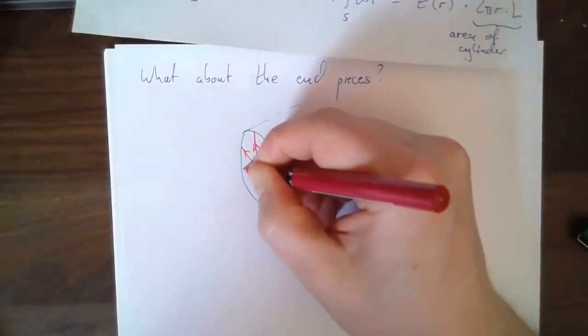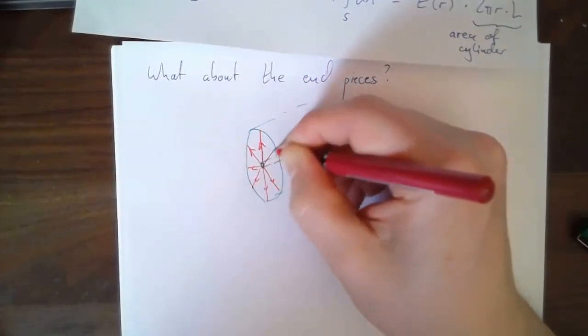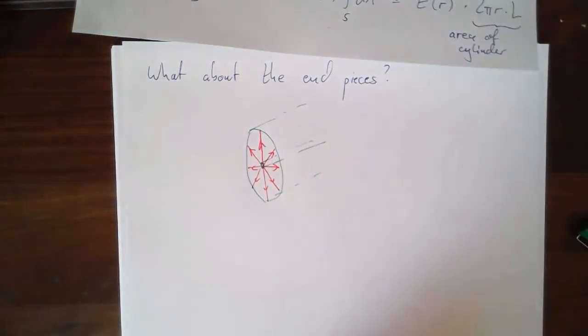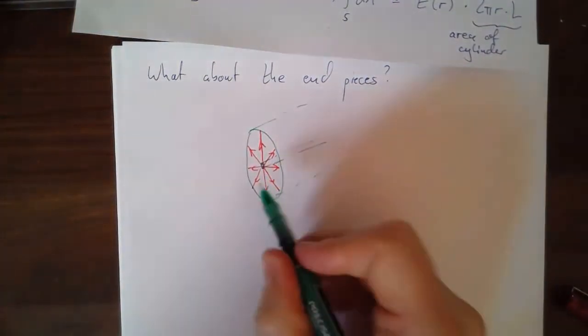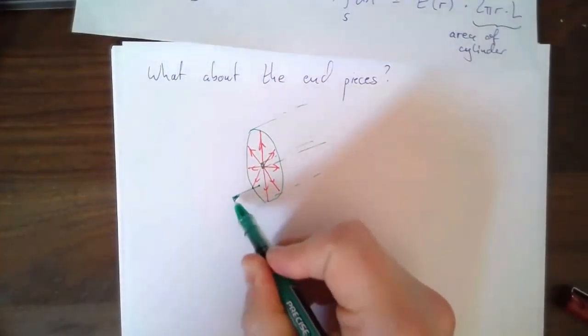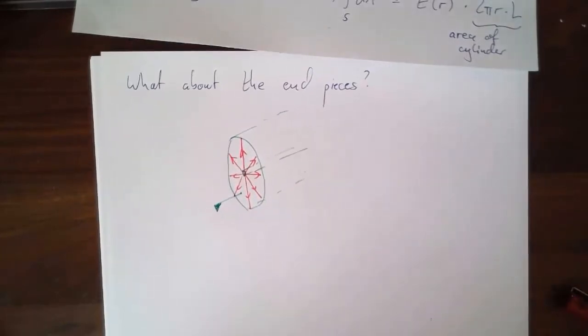Okay, this is hard to draw in 3D. But the flag, say at this point here, sticks out like this, perpendicular to the surface, while the field lines are in this case parallel to the surface.